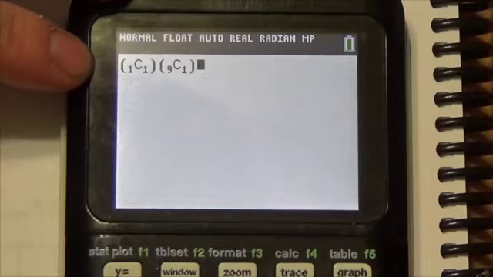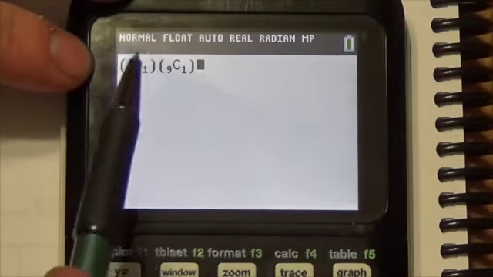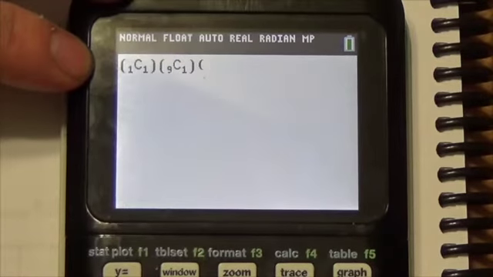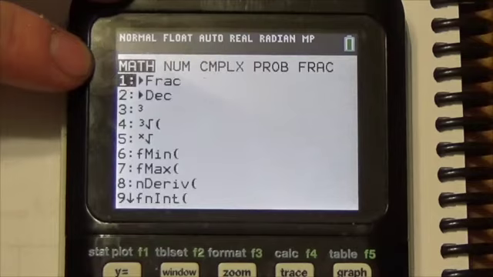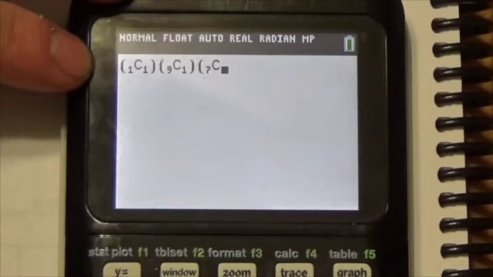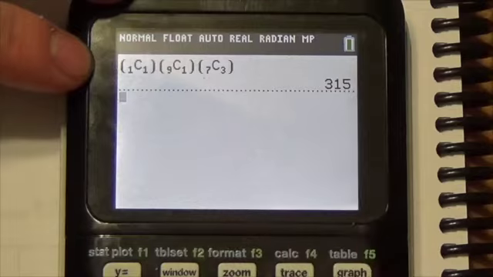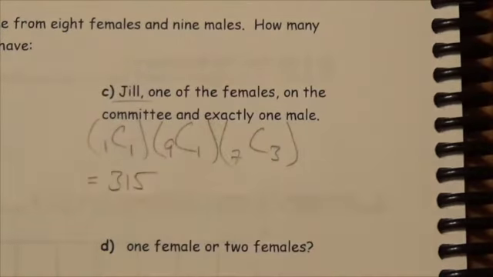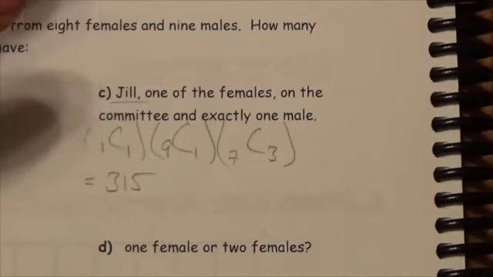Just think about it for a second and it should be clear. That's 9. So this is going to be 1, this is going to be 9. It's this last one that I'm not entirely sure of. Sorry. And 7 choose, and what did we need? We needed 3 to finish this off. And so there are 315 different ways we can choose a committee that has Jill on it and exactly 1 male.